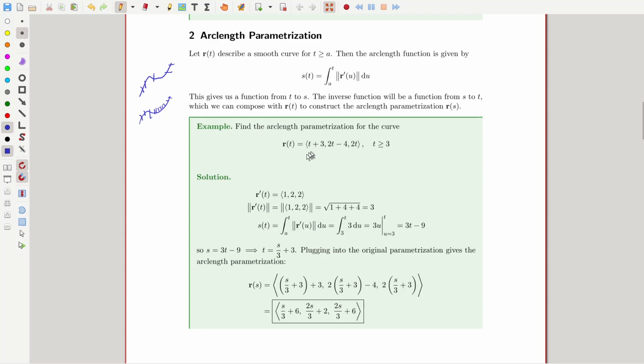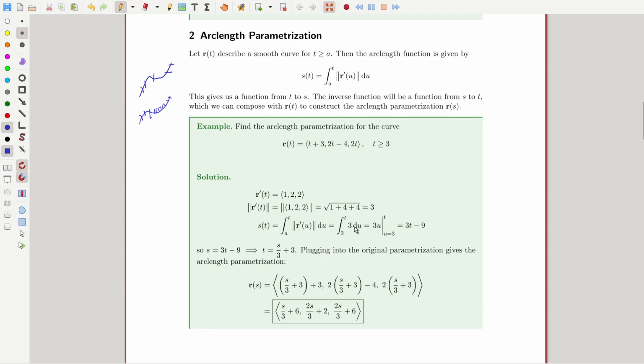So the process is we compute this integral. First I take the derivative of the function r, then I take its magnitude, which ends up being a constant. Very nice. Then we can integrate this. Why did that become 3? Because up here we're specifying that t starts at 3 and then goes to whatever arbitrary time.